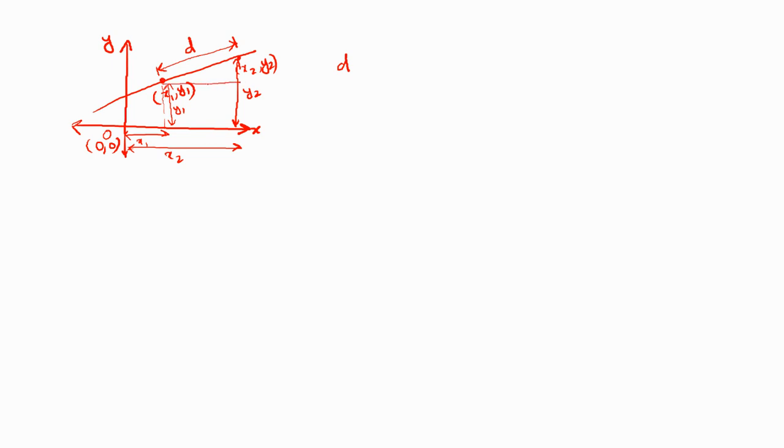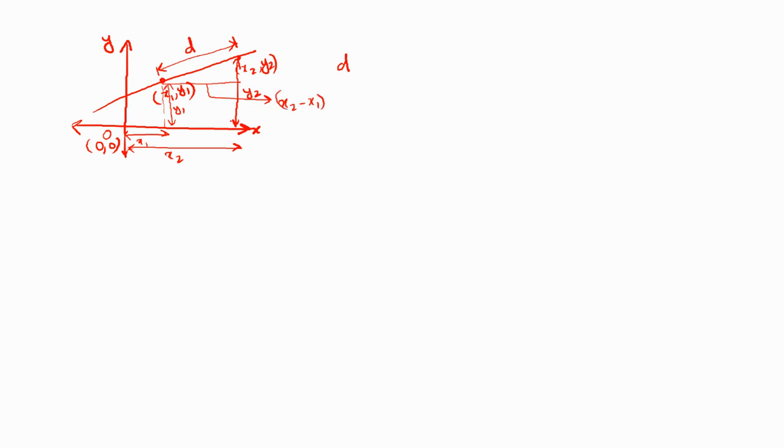So what is this distance? For the distance from this point x1 y1 to x2 y2, you see, if this is x2 and this is x1, then this will be x2 minus x1, right? Pretty simple.